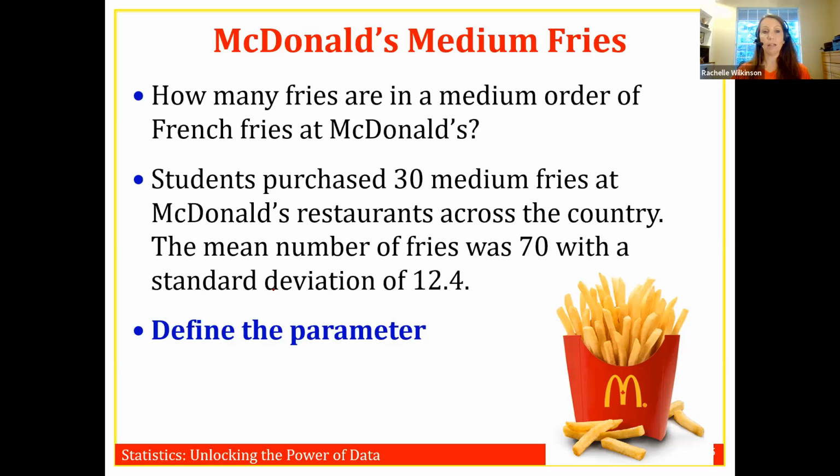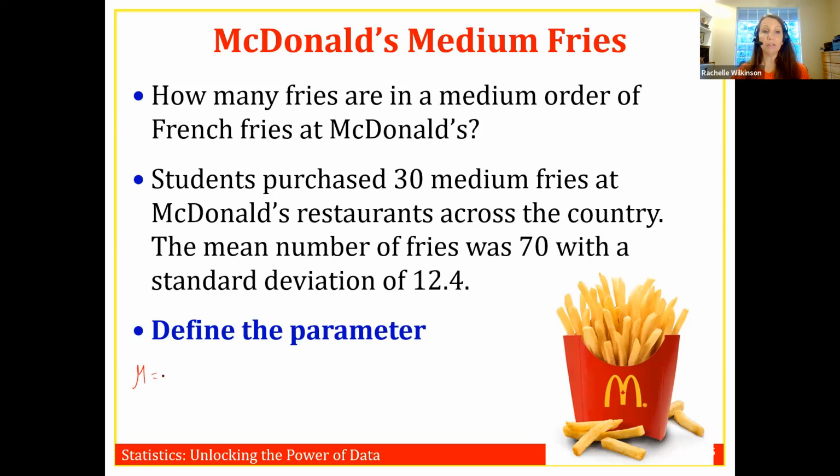When we are doing inference for one mean, what should be the parameter? What would be the symbol for the parameter? So I'm doing inference for one mean. What symbol should I use for my parameter? Mu, exactly.